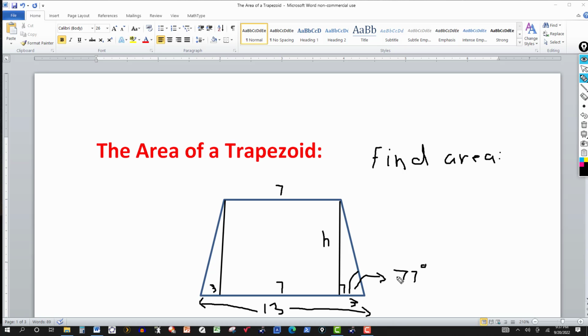So I can use the tangent here. I'm looking at the triangle here. Tangent, with respect to this angle right here, is opposite over adjacent. So tangent of the angle, in this case 77 degrees. And make sure your calculator is in degree mode. Sometimes it might be in radians and it's not going to come out.